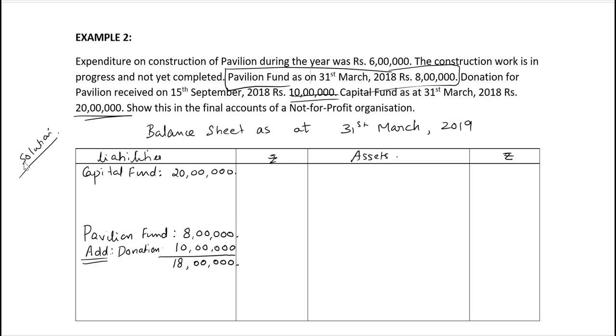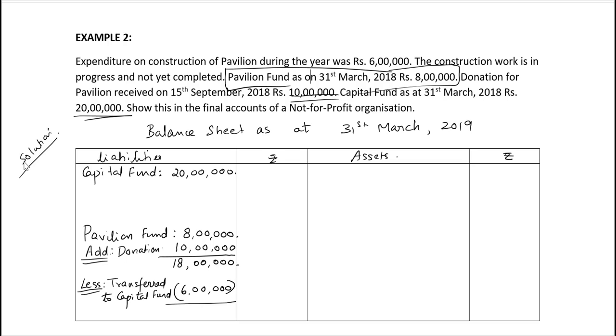The first line says expenditure on construction of pavilion during the year was rupees 6 lakh. So we've spent on construction of pavilion. It is a capital expenditure. So we need to put it in 3 places. We'll subtract from here less transferred to the capital fund, ₹6 lakh.